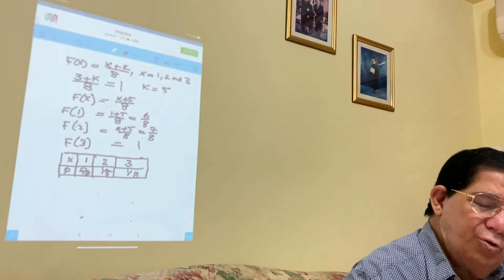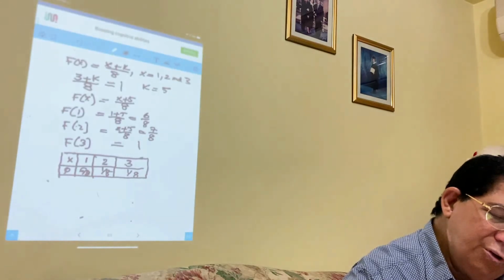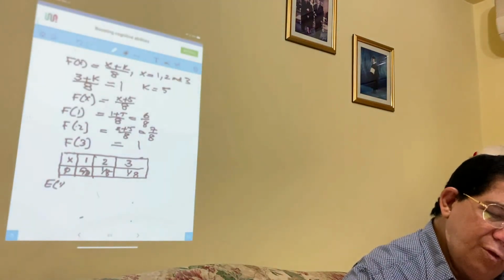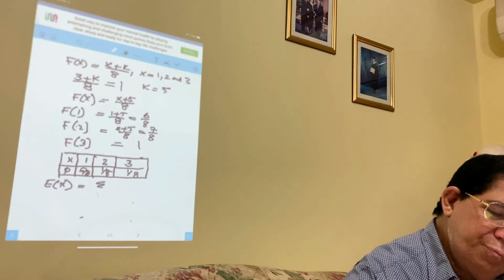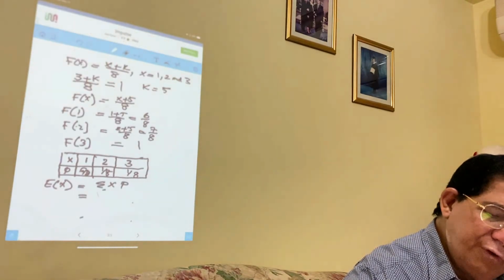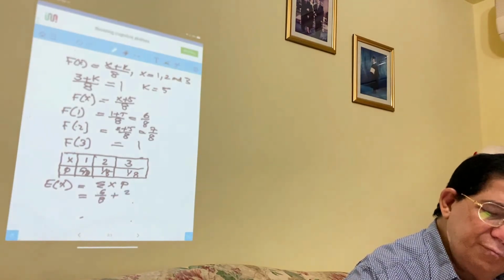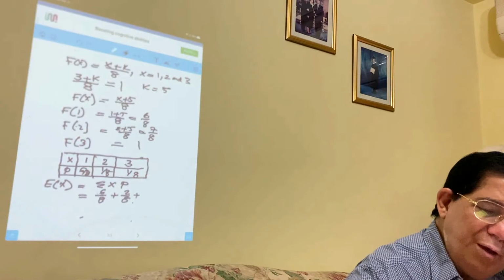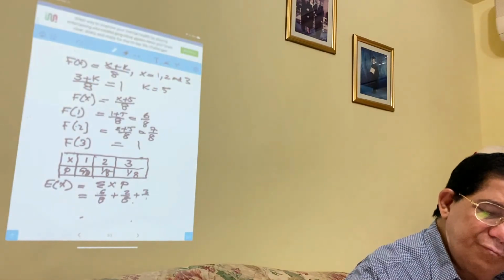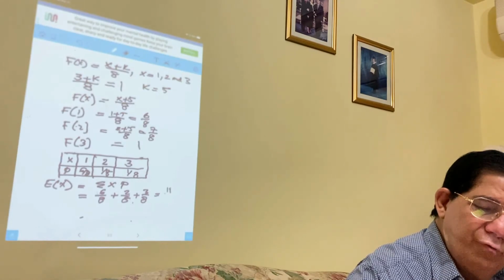Then again, you can be asked to find the expectation of x. We say sigma xp. 1 times 6 over 8, 6 over 8. 2 times 1 over 8, 2 over 8. 3 times 1 over 8, 3 over 8. 6 plus 5, it is 11 over 8.